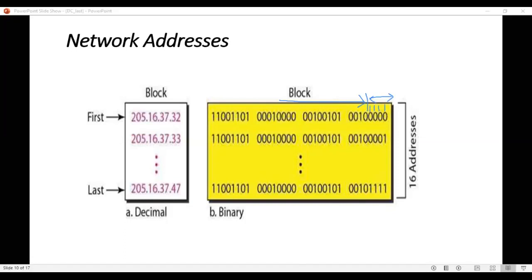So to get the first and last address in a block: the first address you get by putting zeros in the suffix, that is the rightmost 32 minus n bits, where n is the prefix length, and the last address by replacing the suffix bits with ones.